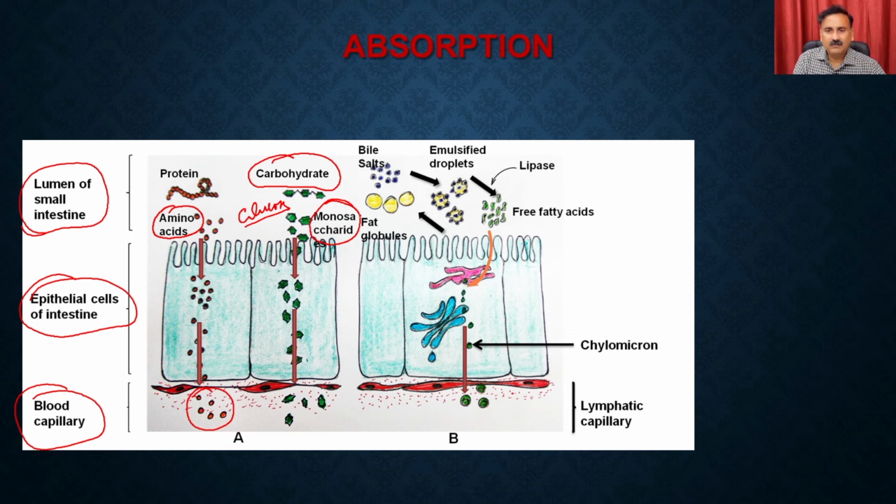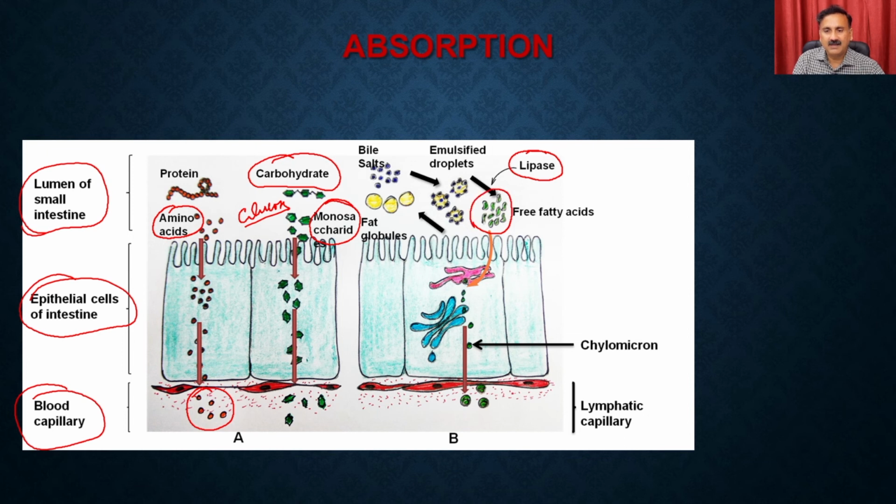The uptake of the fat is very different. For the fat, it is actually going to be emulsified by the bile salts, and once it is emulsified, there will be an active action of the lipase onto these emulsified drops, and that's how it is going to form the fatty acids.